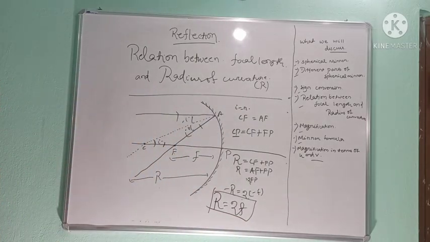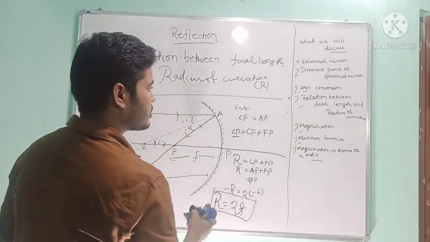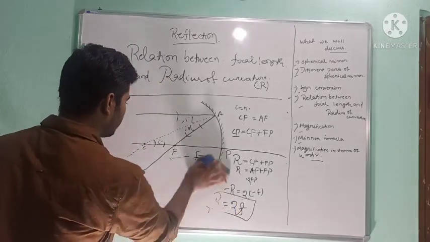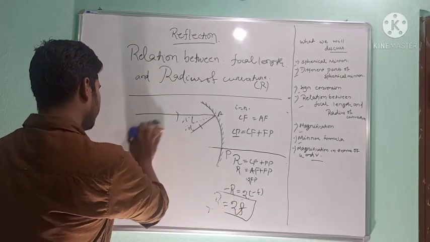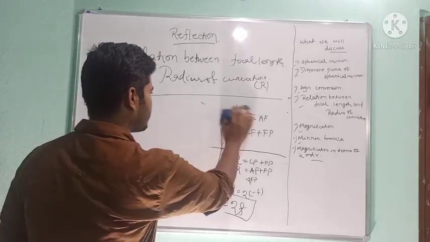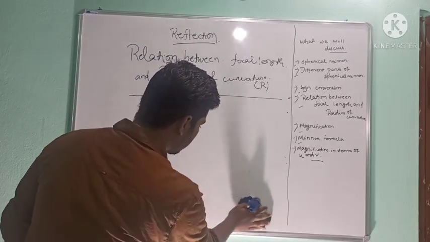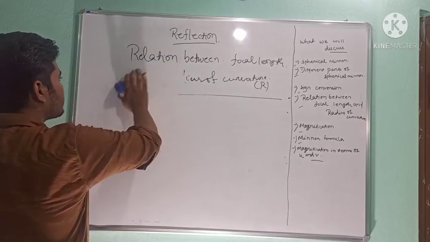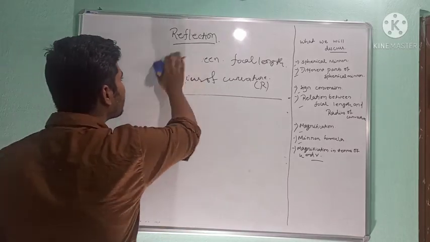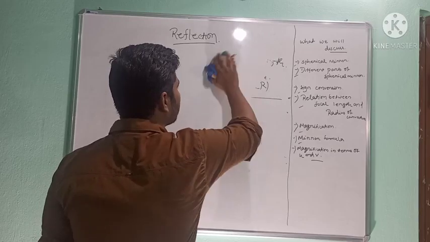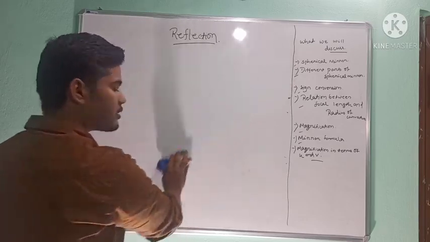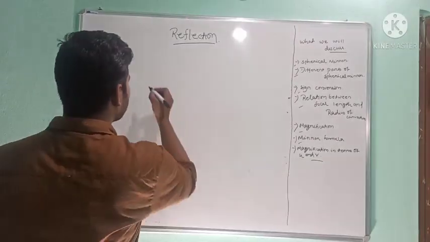Now we will discuss magnification. What is magnification? The relation between the size of an image and the size of an object is called magnification.